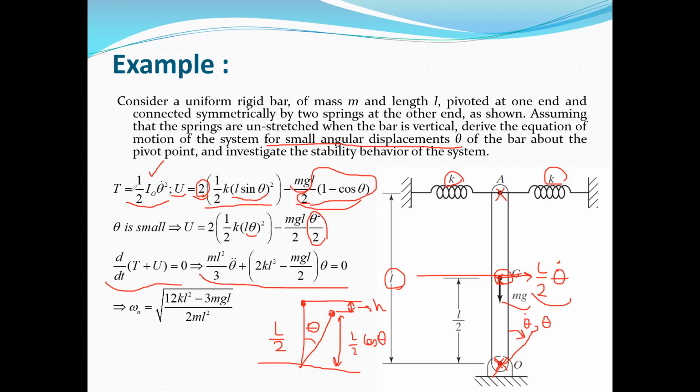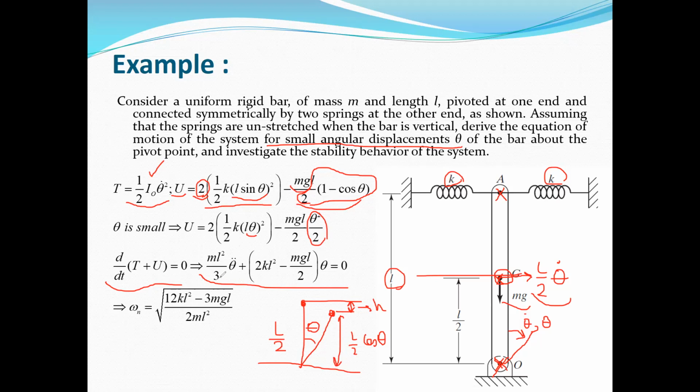You know that to find the derivatives here, half times I_O are constant, and the derivative of theta dot squared is 2 times theta dot times theta double dot. And here for this term again, k and L are constants. So we will have only theta squared, the derivative of which is 2 times theta times theta dot.